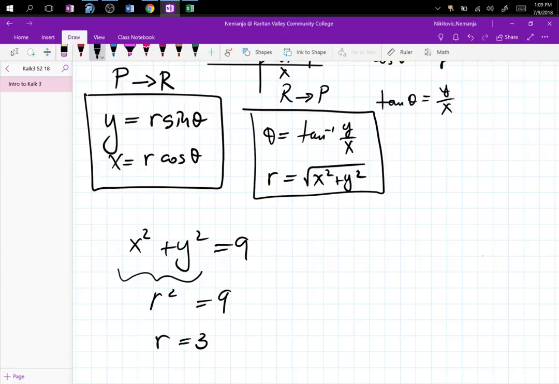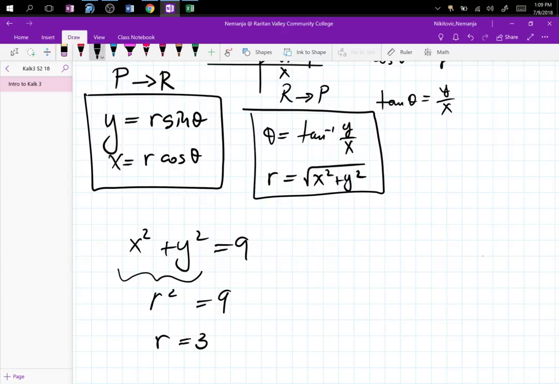Now, the other way you can deal with this is you can plug in your formulas here, right? If you plug in these formulas, let's do that in different colors. So how about blue? I will get r squared cosine squared theta plus r squared sine squared theta equals 9. So you can convert it that way as well.